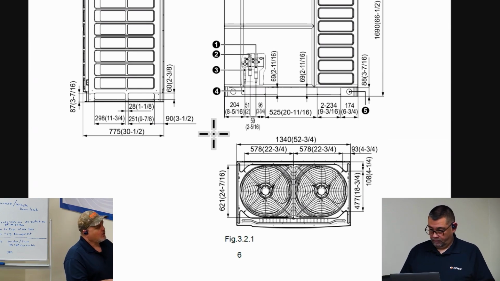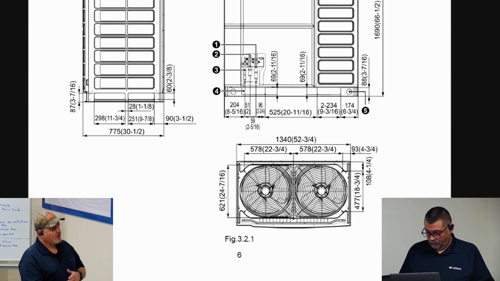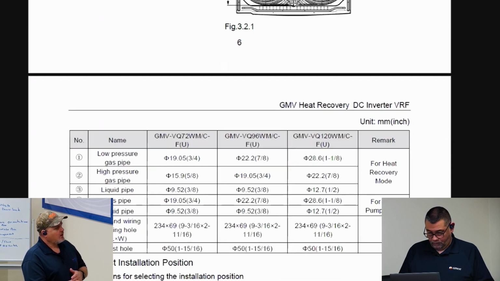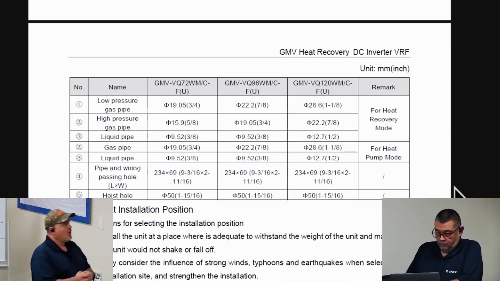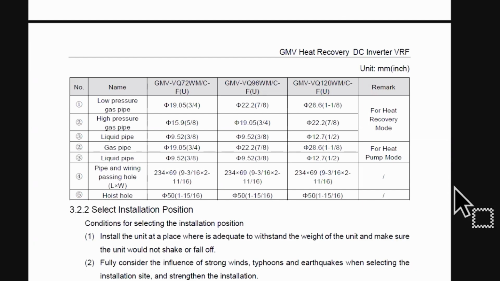So if you go to the next page, that's where it comes into play, right here. If you're doing a heat recovery, obviously you're going to use all 3 pipes, 1, 2, and 3, which is low pressure gas pipe, high pressure gas pipe, and your liquid pipe. But when you're doing heat pump, they just call it gas pipe.